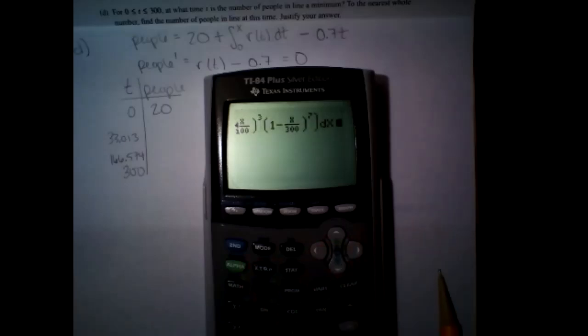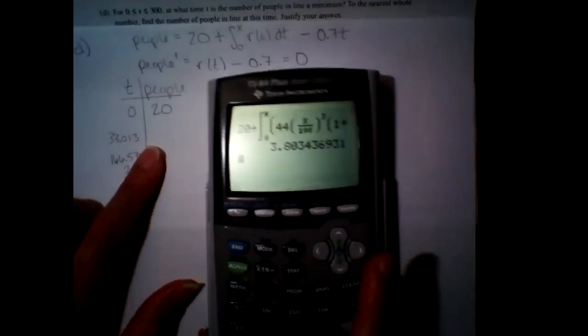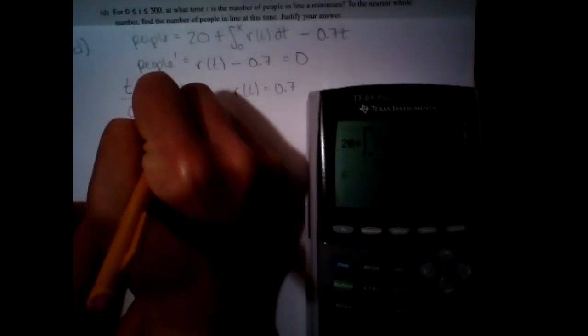So that's the initial condition plus the people that entered the line minus 0.7 times alpha A. So minus 0.7 person per second, and we're plugging in this 33.013 seconds. Phew, okay, enter. And so at that time, we have 3.803 people.